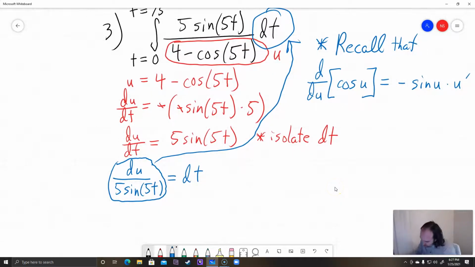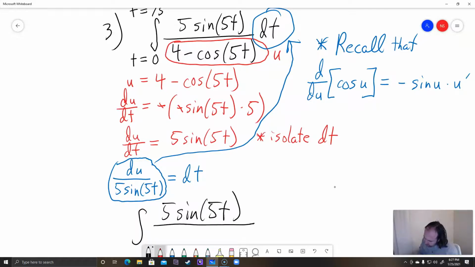So what we got here for our integral is the integral of 5 sine of 5t over u. So that denominator is just u now. So u is actually 4 minus cosine of 5t. And then plugging in for dt, what I have circled in blue there, we're going to be plugging in du over 5 sine of 5t.